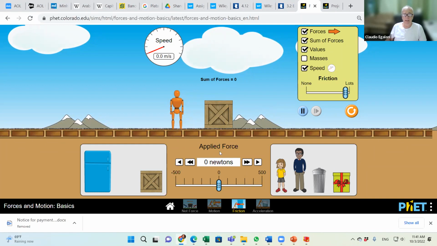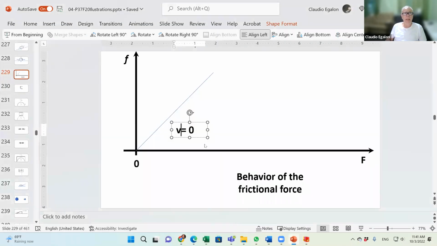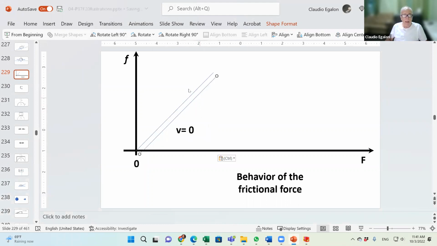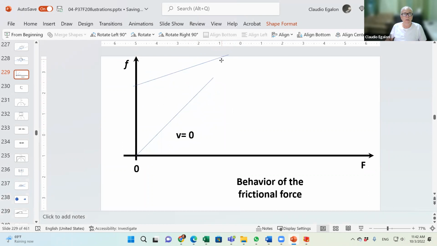Generally speaking, this force of static friction keeps on increasing linearly with the applied force until a limiting value. And this limiting value in this specific case was 227 in the simulation.